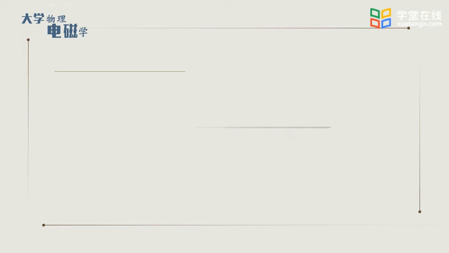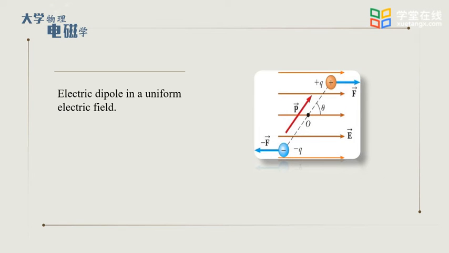Now suppose an electric dipole is placed in a uniform electric field E and makes an angle theta with the field, as shown in the figure. Please note that the field is established by some other charge distribution excluding the dipole. Here the charges are separated by 2a.